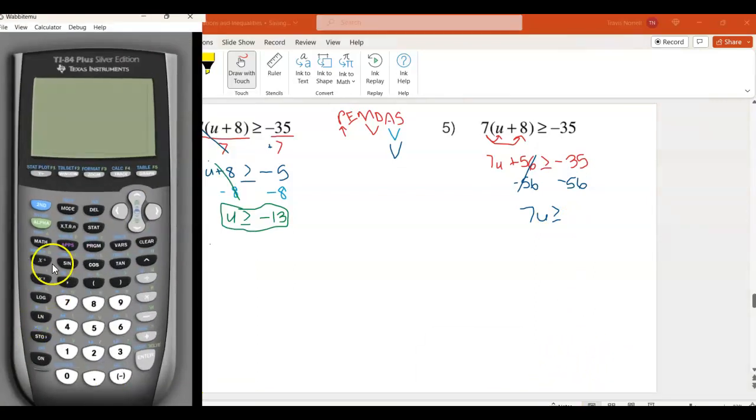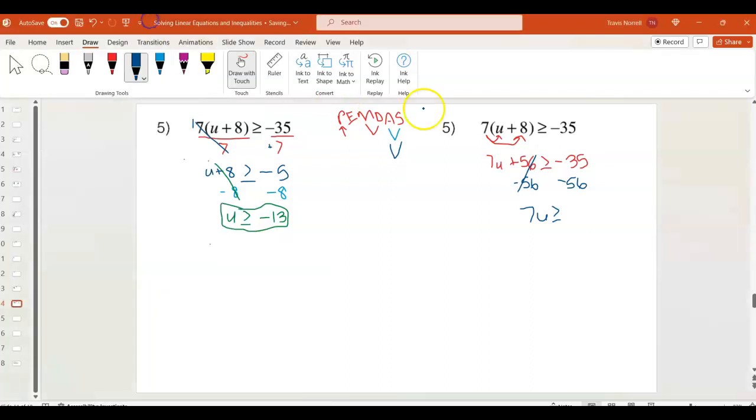I'm going to need my calculator. You can't use this kind of calculator, but you can use your own. Negative 35 minus 56. It's negative 91. Okay.